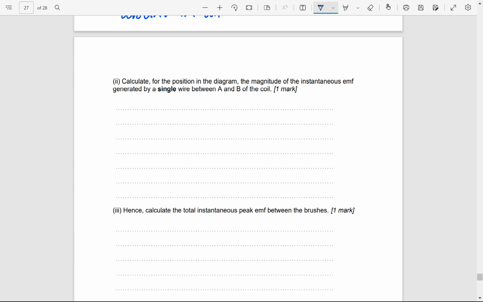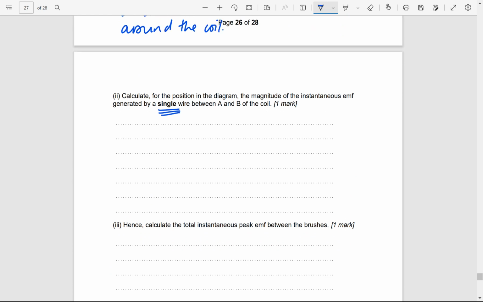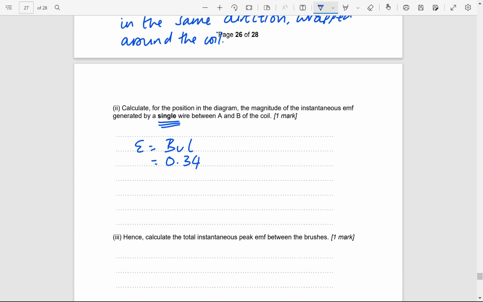Calculate for the position in the diagram the magnitude of EMF generated by a single wire. It's even in bold. Right. EMF equals BVL. So we have a magnetic field strength of 0.34 Tesla.